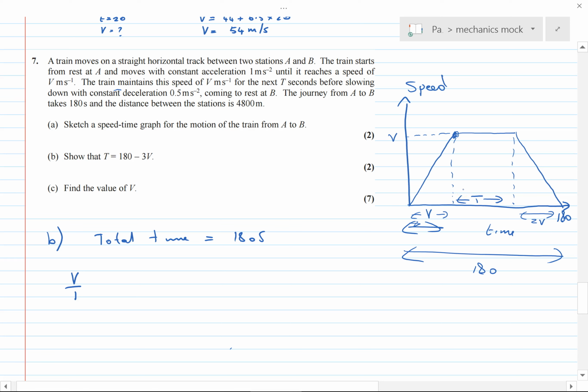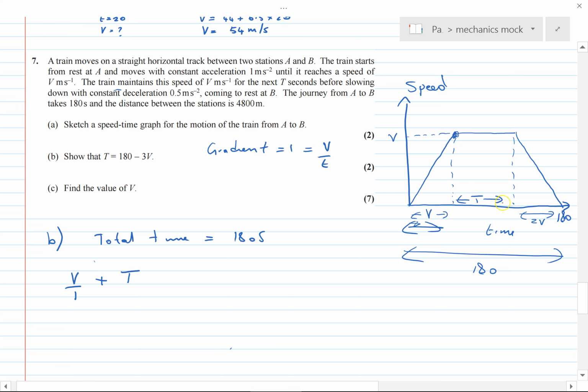You're either using distances, or acceleration is velocity over time, or you're just using the fact that the gradient is the acceleration, which is equal to 1. So that means that v over t equals 1, so therefore you can see where this comes from. It may seem a bit unduly making a meal of it, but it's because it's saying "so that" that we need to be careful.